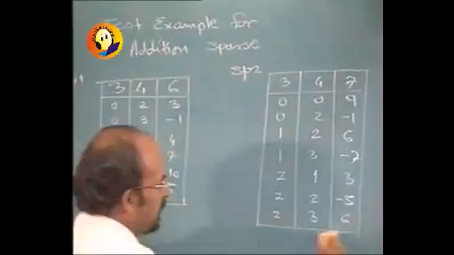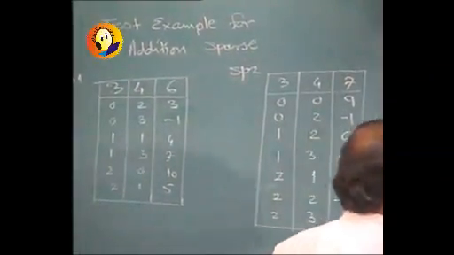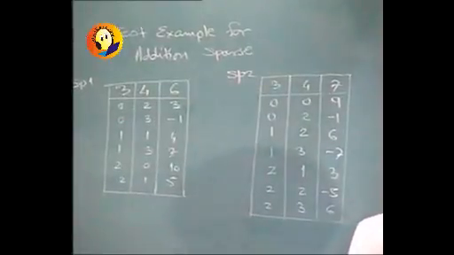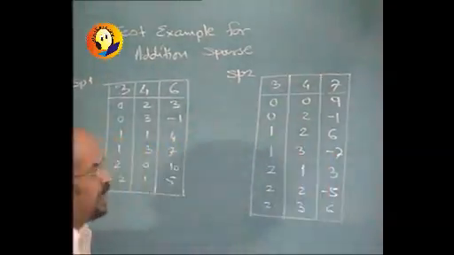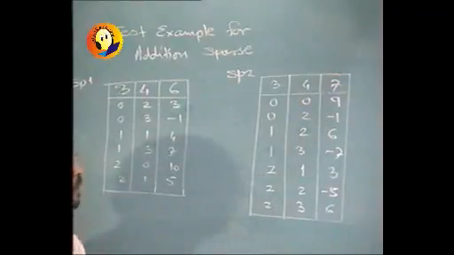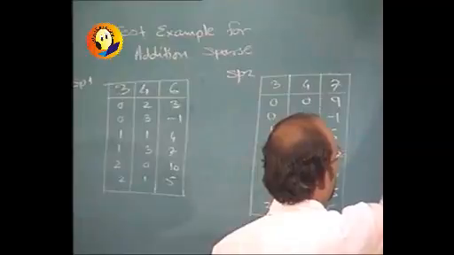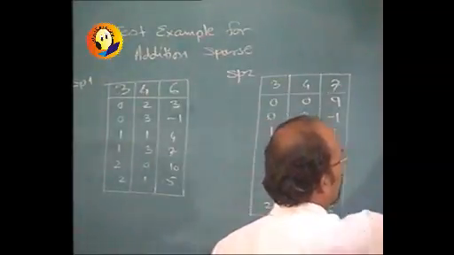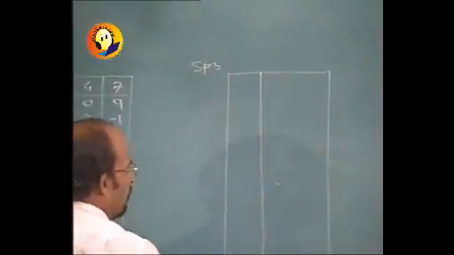So two sparse matrices are given to us. You have the last time's code with you. We are required to follow the steps, the code, and generate sp3. We will be generating sp3 by following that code.